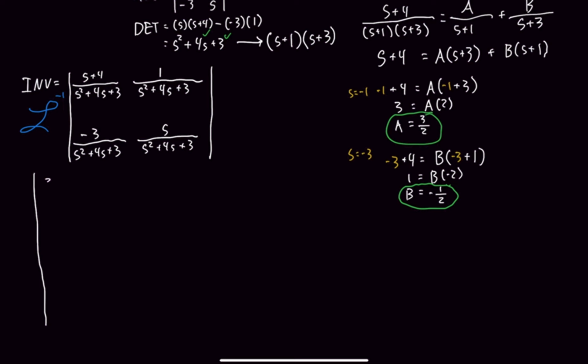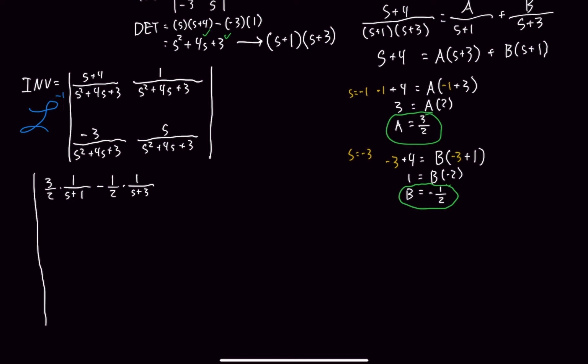Yes, 3 over 2 times 1 over s plus 1, and then it's minus 1/2 times 1 over s plus 3. Cool beans.